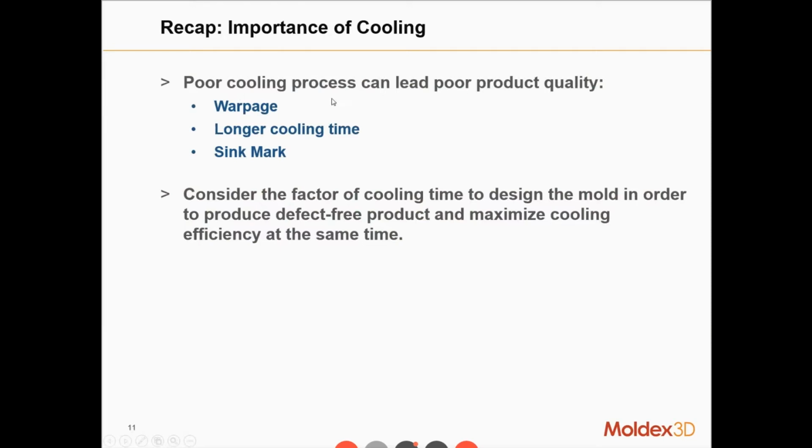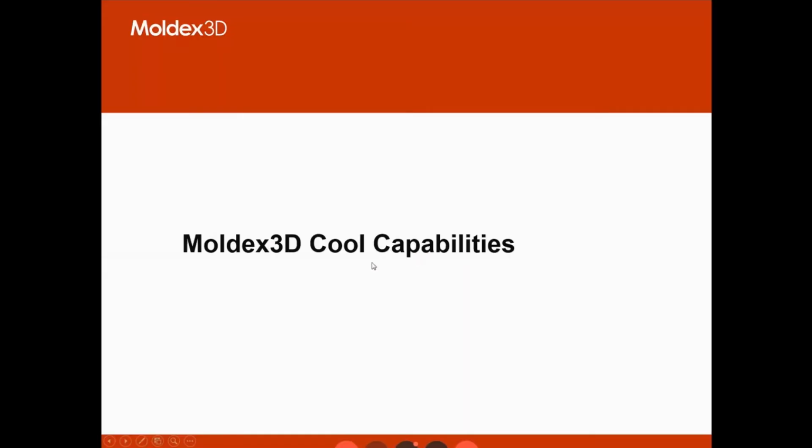Now, let's recapitulate the importance of cooling. Poor cooling process can lead to poor product quality, such as warpage, longer cooling time, and also sink marks. Now, what we can do is use our functions to examine the factors of the cooling time and also to examine the potential defects, so that you can redesign a new temperature system and get rid of all those potential defects at the same time.